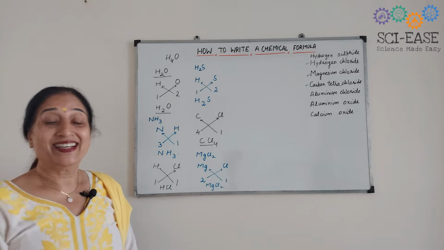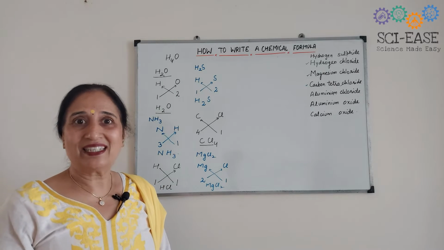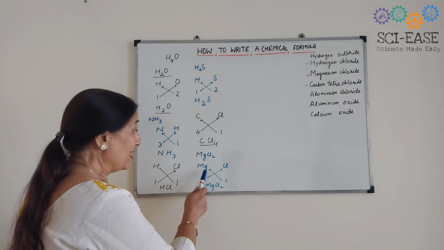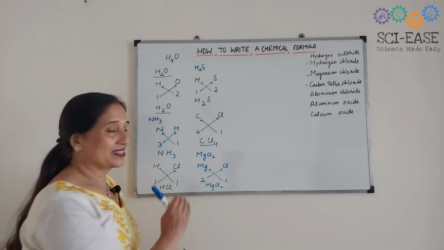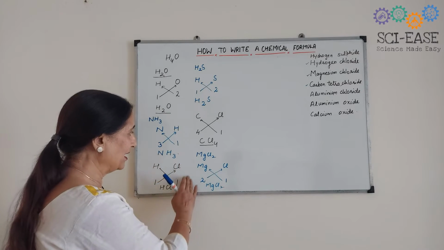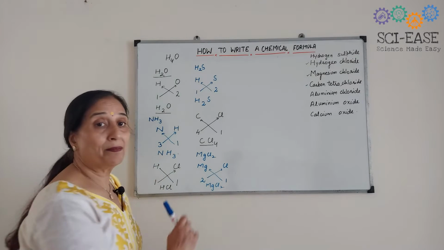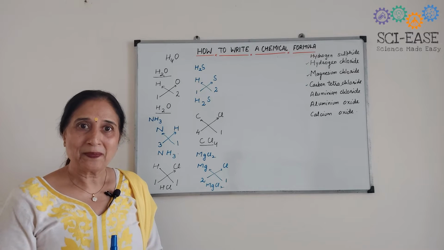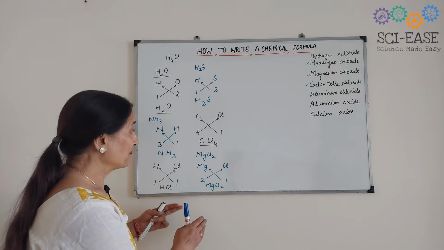Here is the second rule for writing chemical formulae: we are to write cations first. Here we are writing the chemical formula of ionic compounds where cations and anions combine.